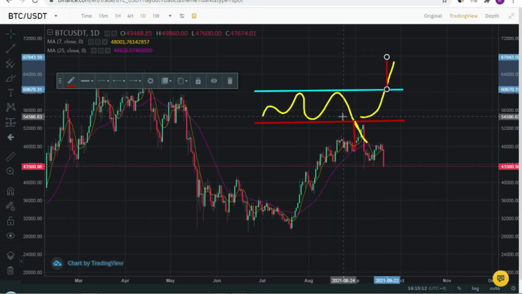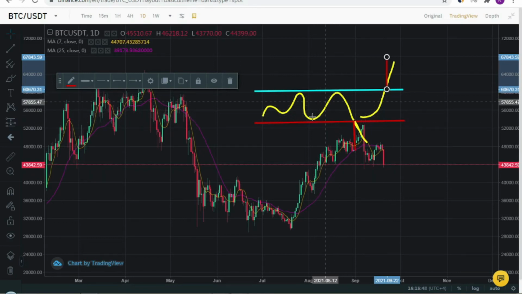What is actually going on is, when this line tries to break above this line, the buying pressure that is here is most likely to be represented here. So the buying pressure, let's say you are here and you're trying to buy Bitcoin and every other person is trying to buy Bitcoin with you.